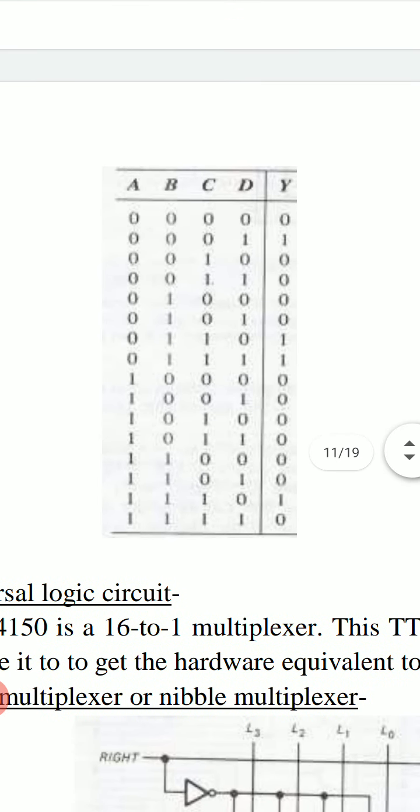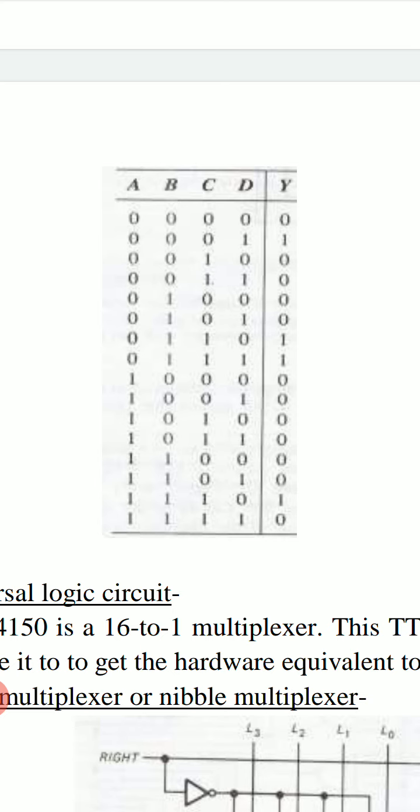For example, if we have this truth table for 4 inputs A, B, C and D, we have 16 combinations. If there are 4 inputs, we have 2 to the power 4, that is 16 combinations. If we have 3 inputs A, B, C, then we will have 2 to the power 3, 8 combinations.